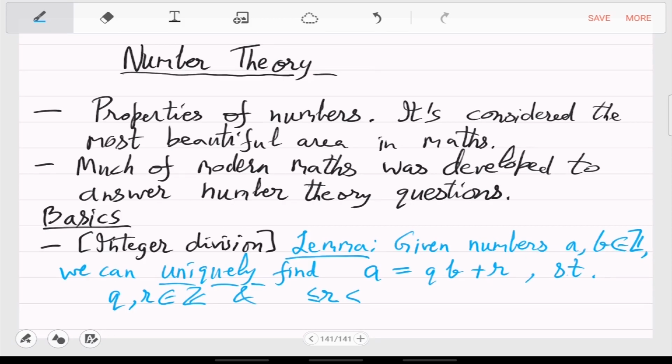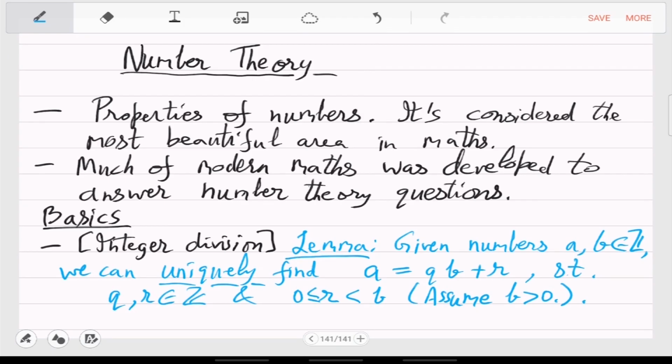So we specify the range like you do in school, that r is between 0 and the absolute value of b. In fact, for divisors, you should think of divisors as positive. They cannot be 0 or negative. Let's just specify that: assume divisors to be positive. So the remainder is between 0 and b minus 1.